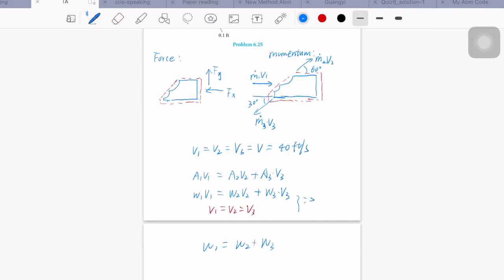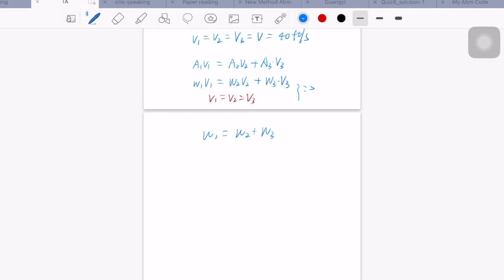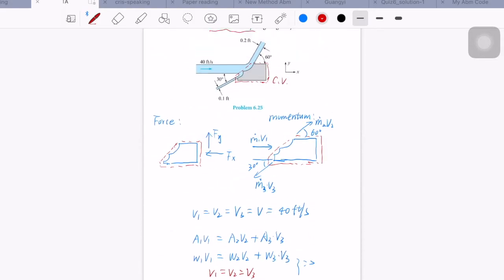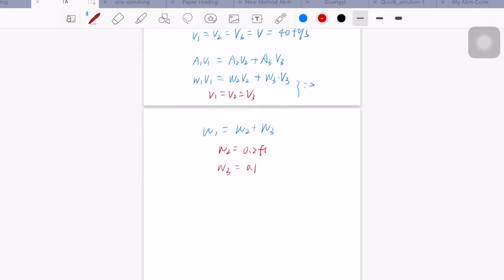From the problem, we know W2 equals 0.2 feet, and W3 equals 0.1 feet. So we can determine that W1 should be equal to 0.3 feet.